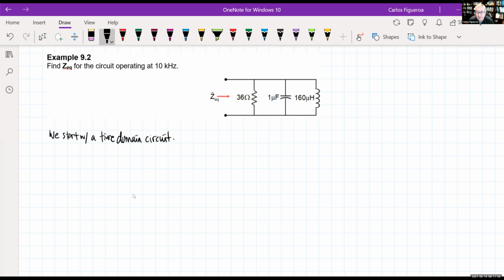And we said that's not good enough for us, because if we want to solve this, it is a second order differential equation. So we start with the time domain circuit that requires a second order circuit calculation.